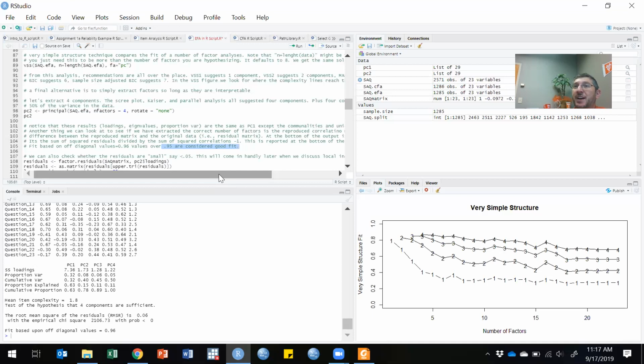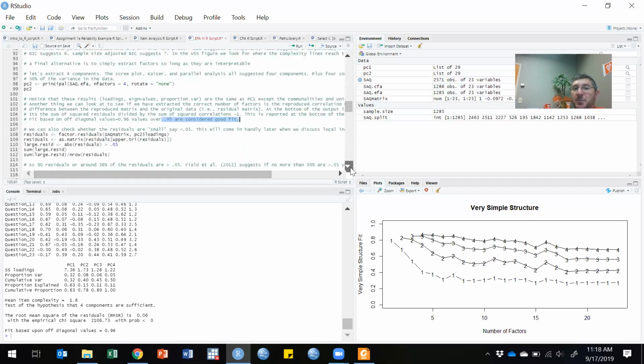That's what we call our reproduced correlation matrix. So these are the correlations that are suggested or reproduced by the principal component analysis. We could subtract those two, and that would be what we call our residual correlations, right? Those would basically be the unexplained variance.